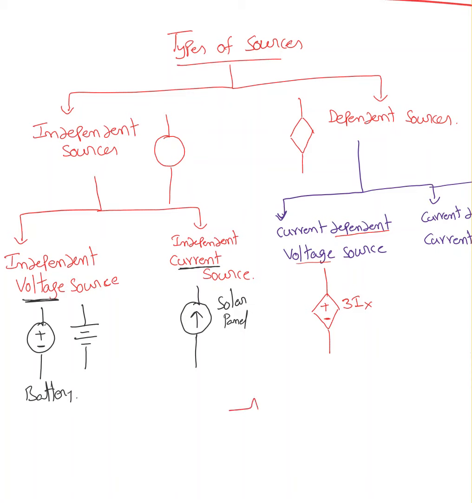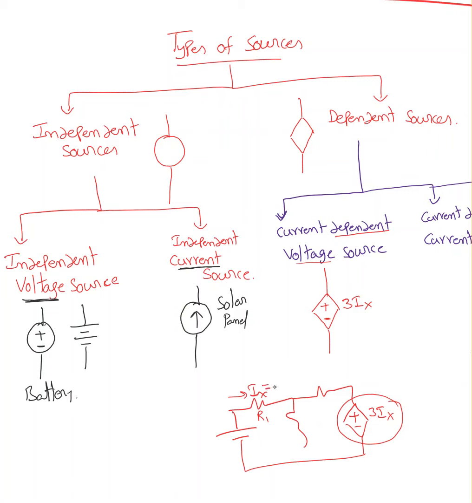For example, in a simple circuit like this, here is a dependent voltage source, and here is the Ix. The voltage supplied by the source depends upon the current passing through this resistance R1. Here we take only the magnitude, not the unit.